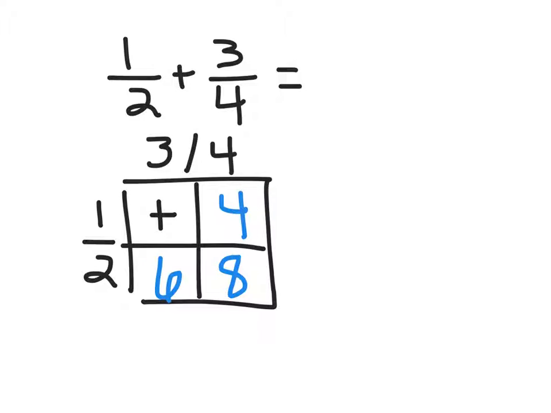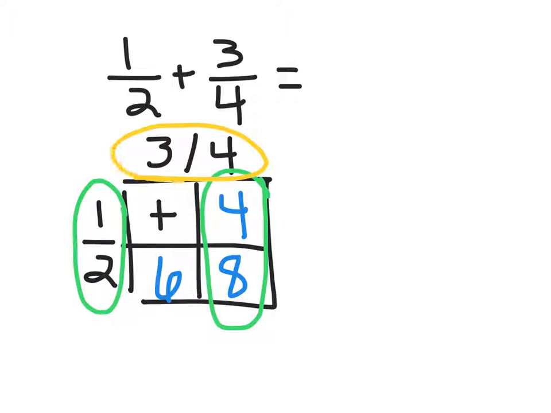Now, what you've just done is created two fractions with a common denominator. Let me circle these with different colors so it makes sense. So 1/2 has become 4/8, and 3/4 has become 6/8. Notice they both have this common denominator right here, and you just used it twice.